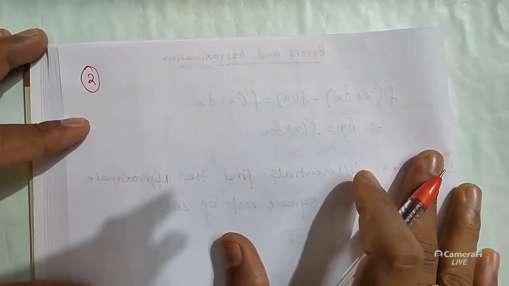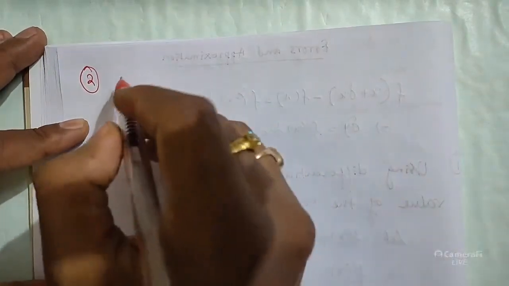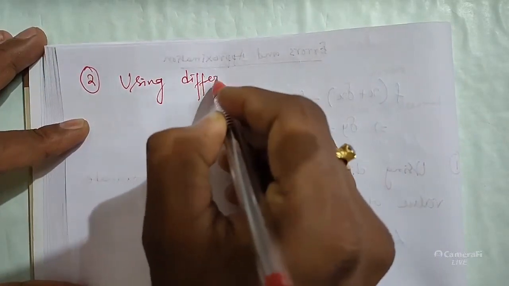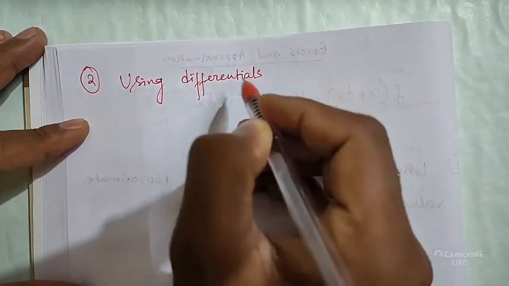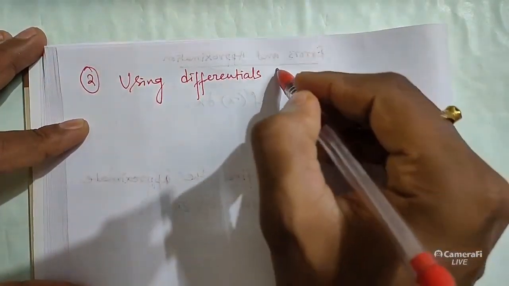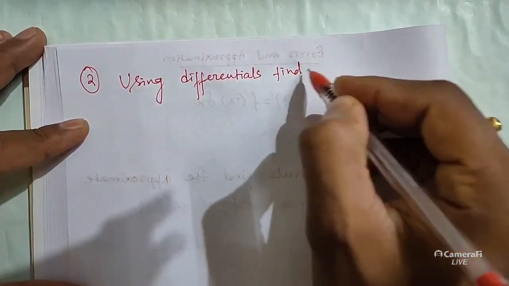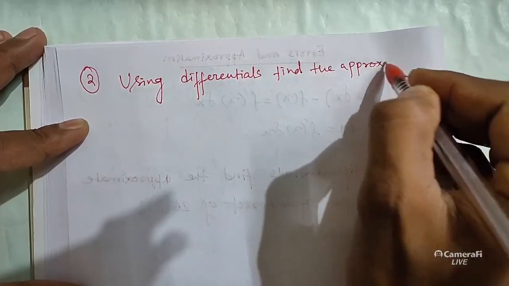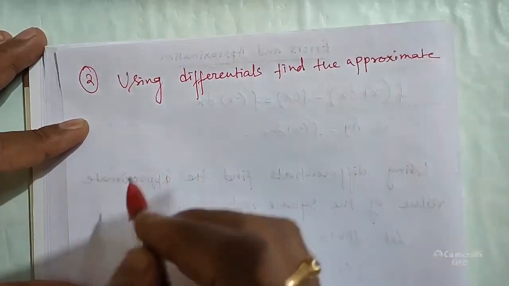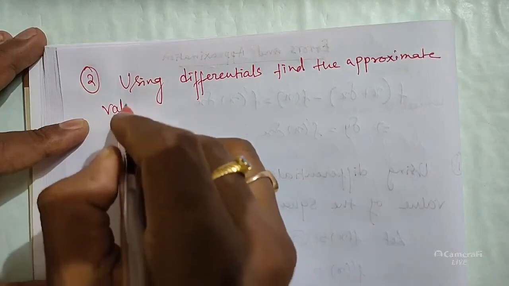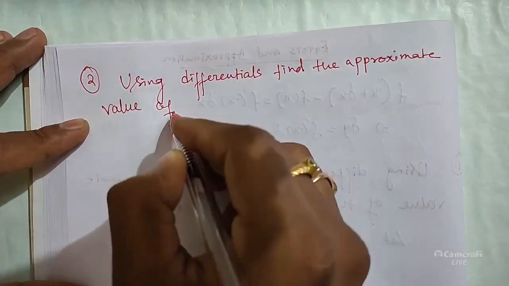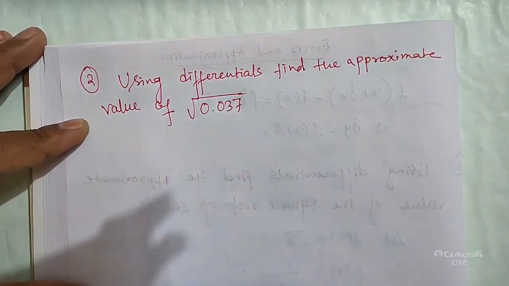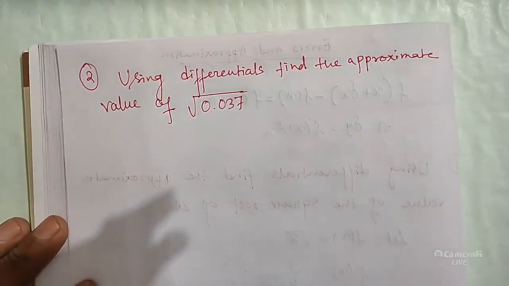Question number 2, it is given: using differentials, find the approximate value of root under 0.037. This is a very important question.